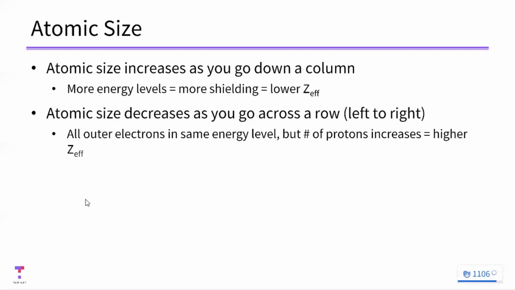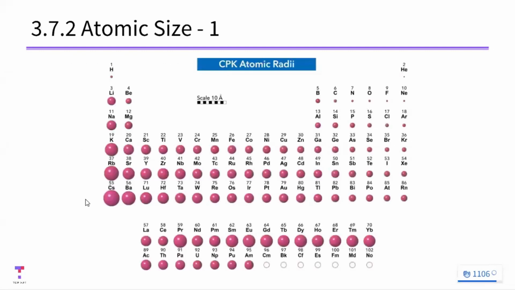And so the net result is that those electrons are getting pulled on by this stronger nucleus and they're getting drawn closer. So as you go across, you see that the atoms get smaller and smaller because of that. And so we can see this pictorially here through this graph.